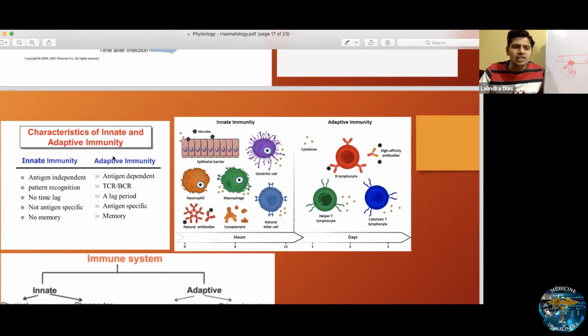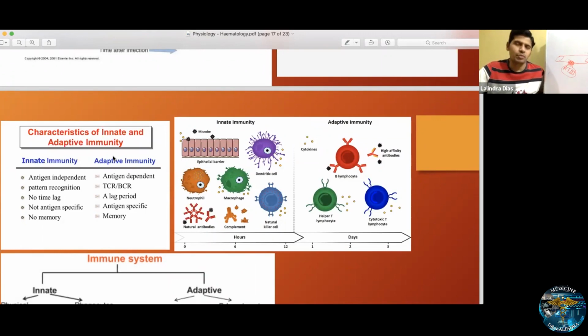The next difference is pattern recognition, which happens in innate immunity. Then there is no time lag from the time of exposure in innate immunity. Innate immunity occurs within a few hours, whereas adaptive immunity takes a few days.